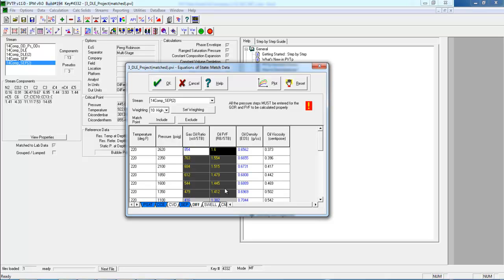So the first step, you get data, you get the CCE measurement, and you start with the Y function to evaluate your CCE data, which is relative volume at pressure below saturation pressure. That's where we calculate the Y function.